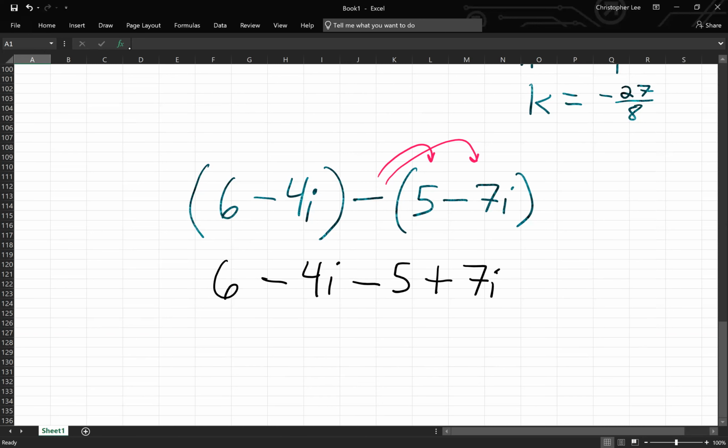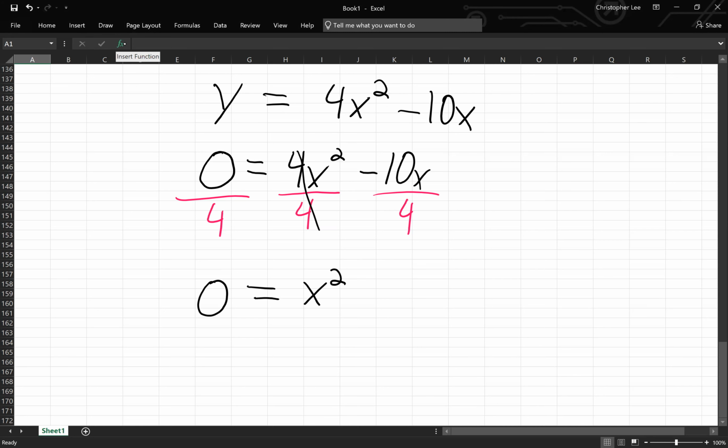So after I do that, what do I have left? I have 0 is equal to 4 and 4 cancels out, x squared, and then I have this negative 10 over 4. I'm going to reduce that. 2 goes into 10 5 times, and 2 goes into 4 2 times. So 5 over 2x, just like that, right?